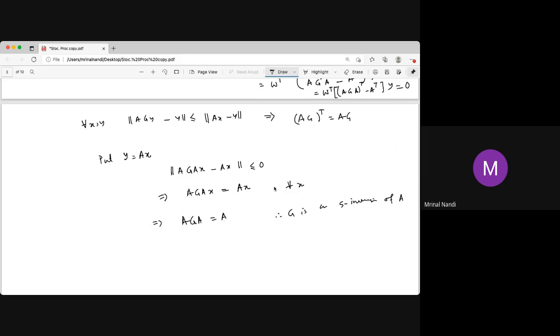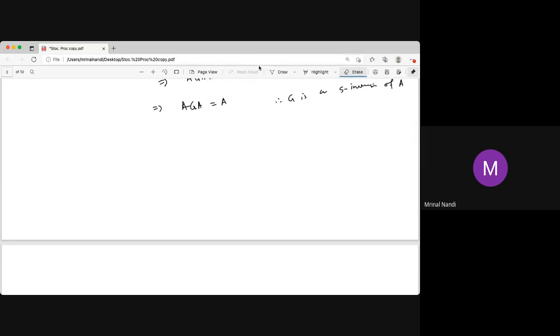Now next we have to show that AG transpose equals AG. How do you prove that? AGA equals A, and AG transpose equals AG. We will prove it in a way similar to the previous theorem for the minimum norm g inverse.